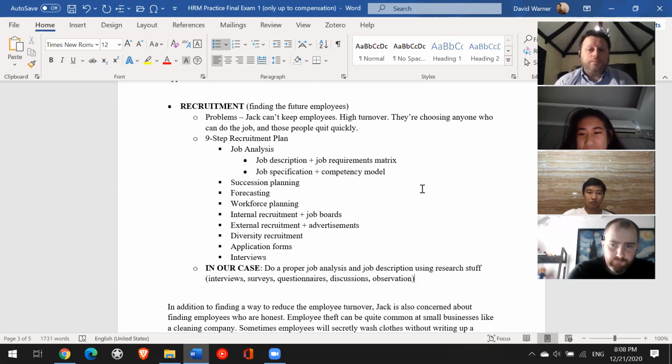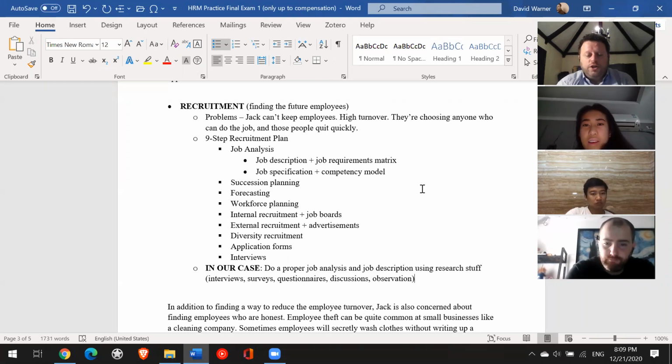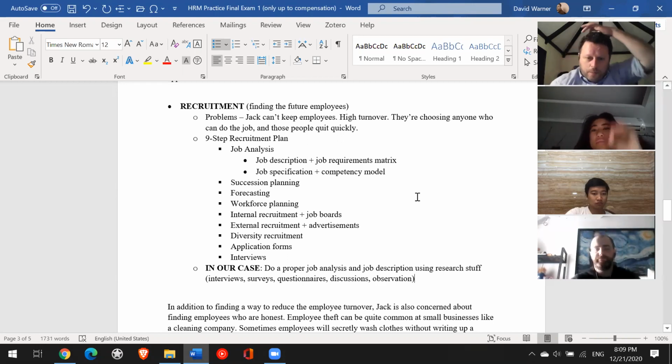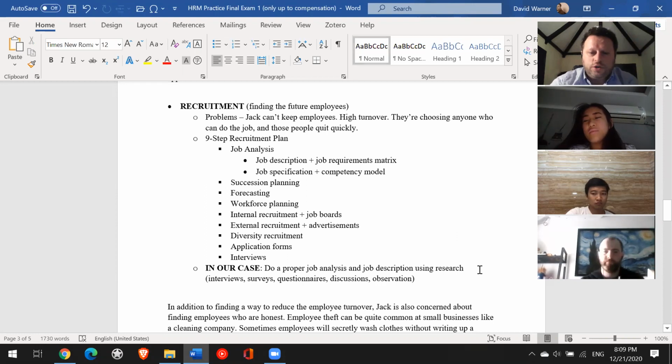He's a guy who spent money, rented a place, bought washing machines, and now it's going pretty well. But he truly doesn't know what this research is or what a job analysis is. So, okay, you do a proper job analysis and job description using this research.